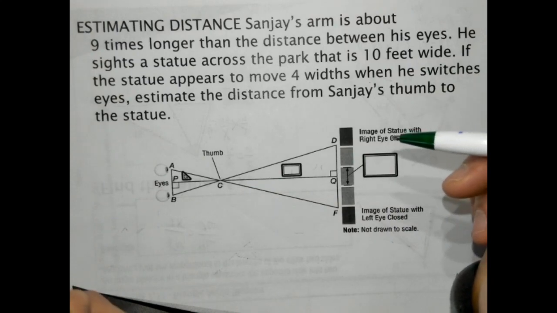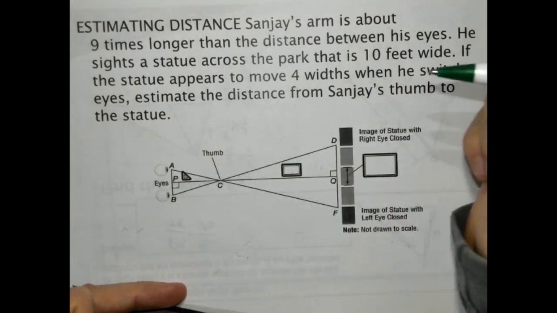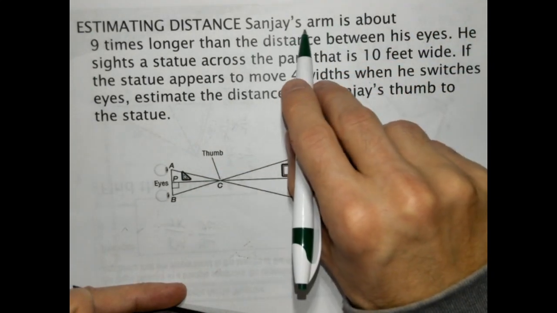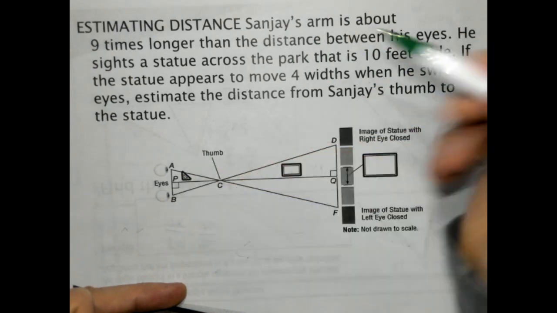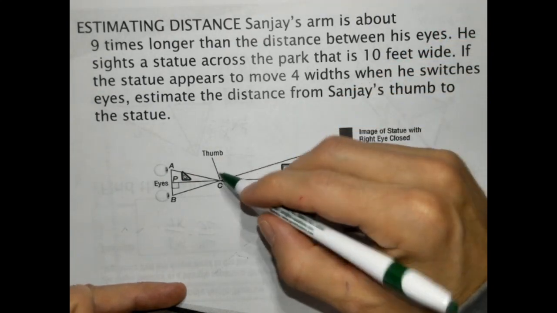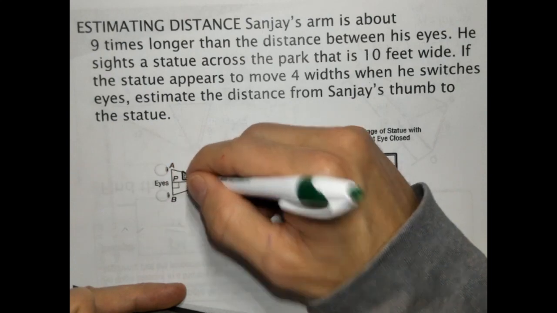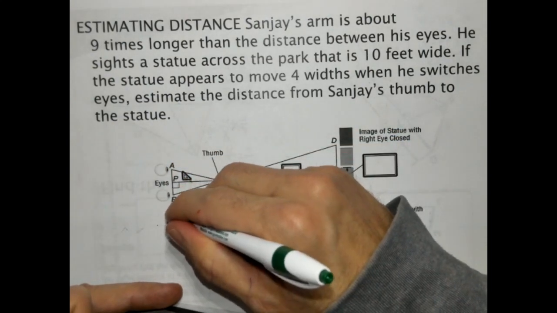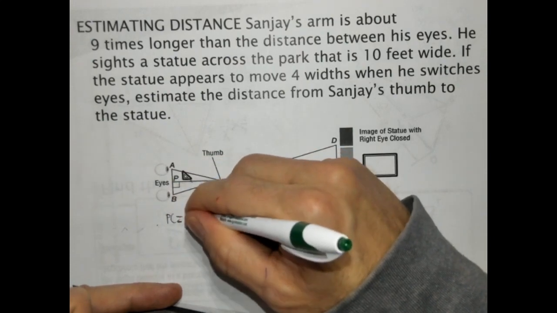Okay, that's quite interesting. So this is the length between the eyes, AB. Okay. And it's saying that the arm is 9 times longer than that. Okay. I'm having a hard time figuring out what, there's the thumb, so here's the arm. So if this is x, this is 9x. So PC is equal to 9 times AB.